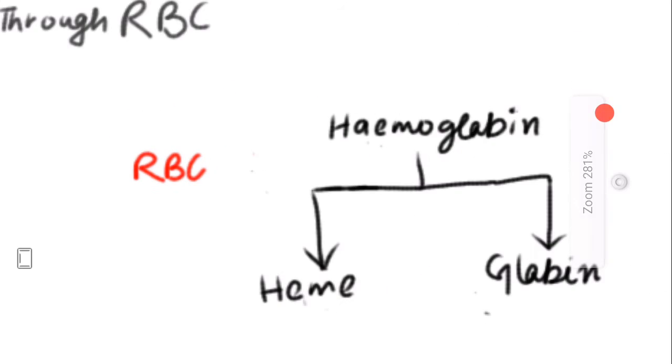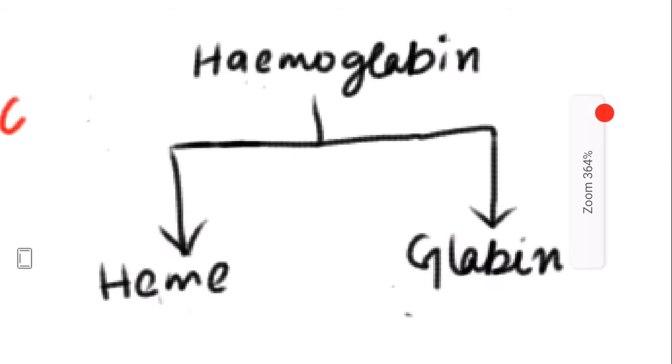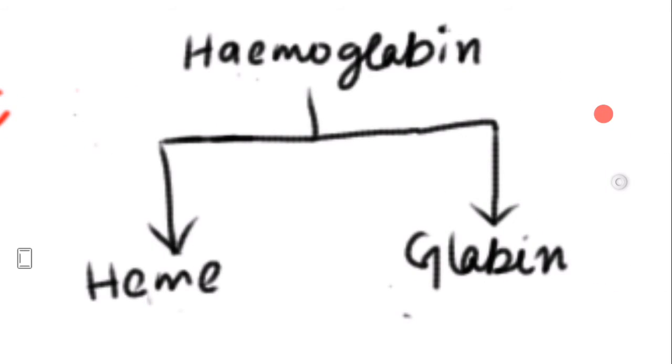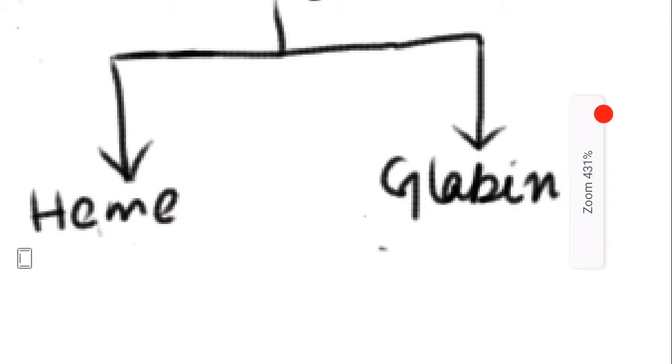So what actually is hemoglobin? Let me tell you. It is made up of two components: the first is heme and the second is globin.